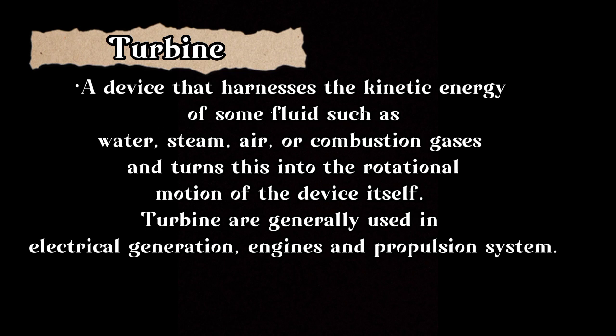Turbines are generally used in electrical generation, engines, and propulsion systems. So ginagamit natin yung turbine for electrical generation and we produce electricity using a turbine. The source of it is the kinetic energy from some fluids, just like in our example, the energy coming from the waterfalls, and then we are converting that into electricity.